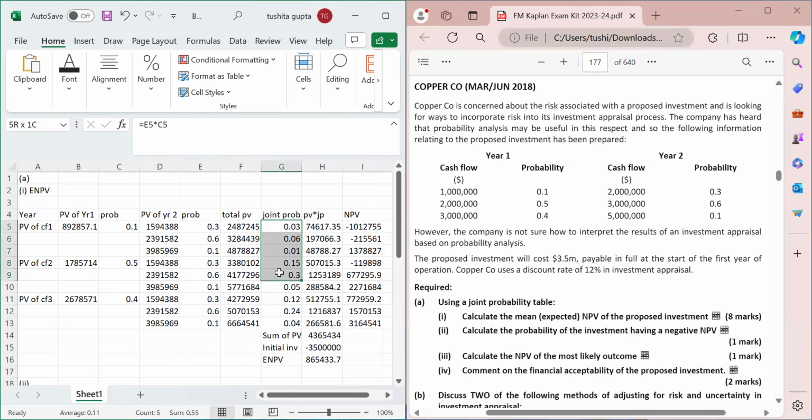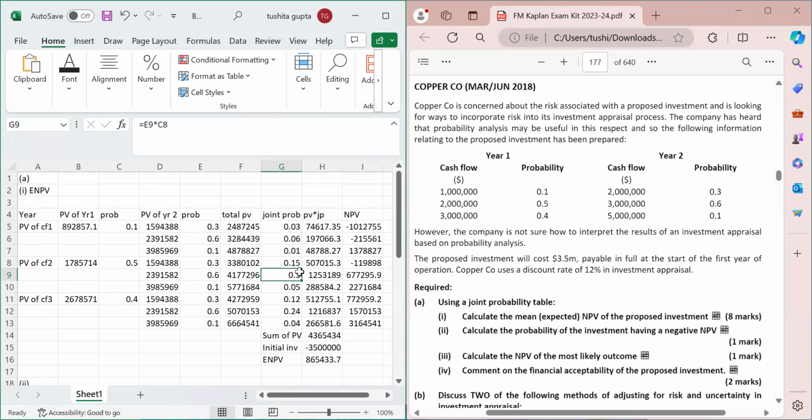So if you see the joint probabilities over here, let us find out which outcome has the highest figure. I can see that 0.30, this is a 30% probability. All of the others are less. This is 3%, this is 6%, 1%, 15%, 5%, 12%, 24%, and 4%.